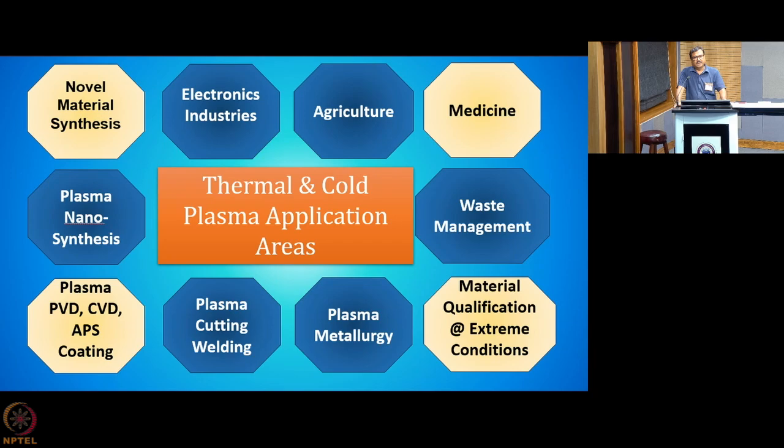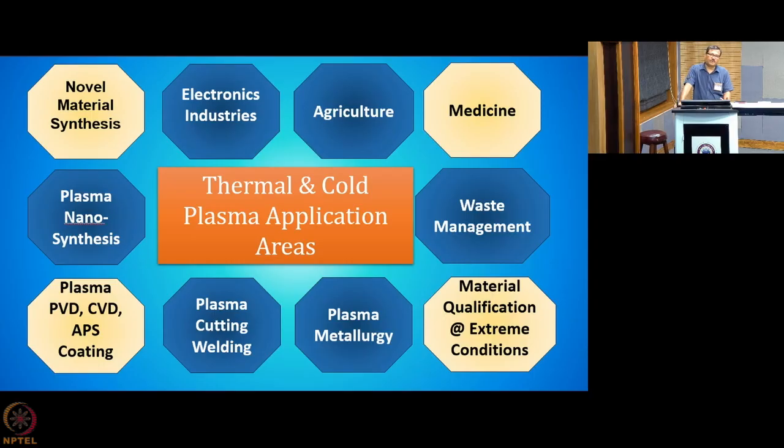And when you want a coating of higher thickness, maybe 200, 300 or even 600 microns, then PVD and CVD are not suitable because they are only for thin film applications.